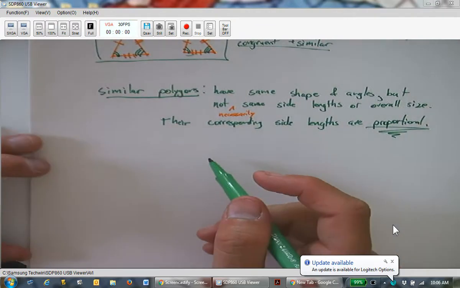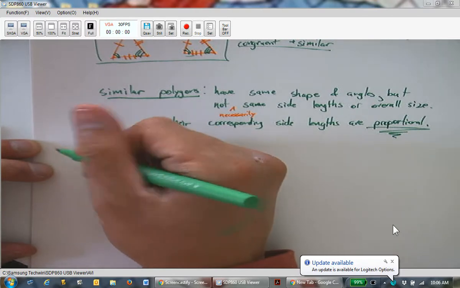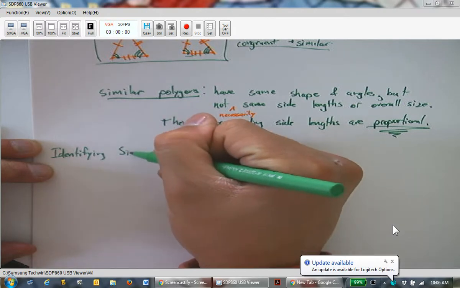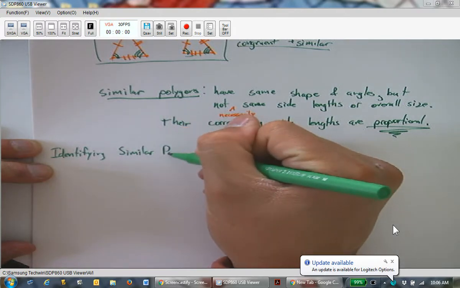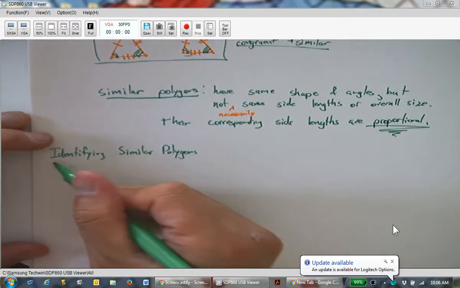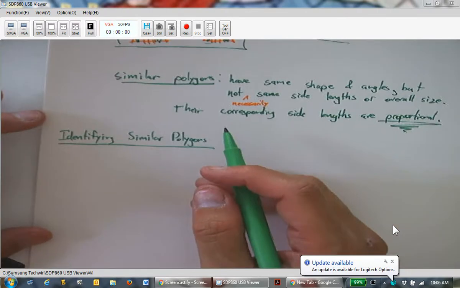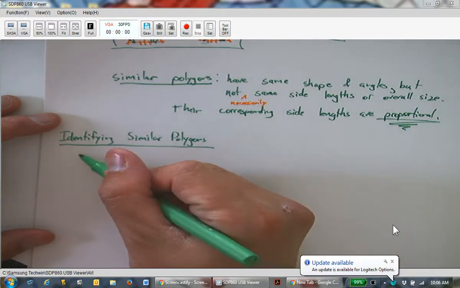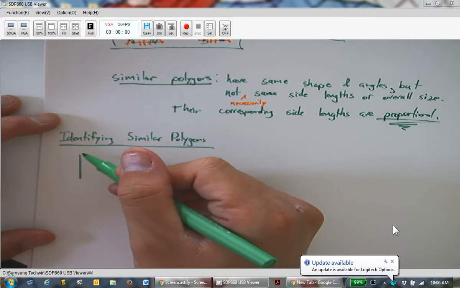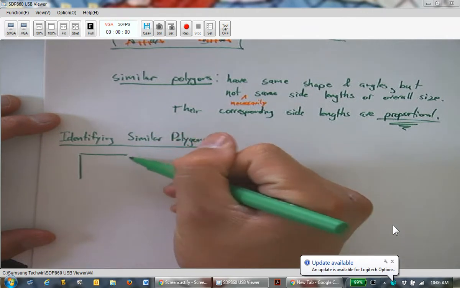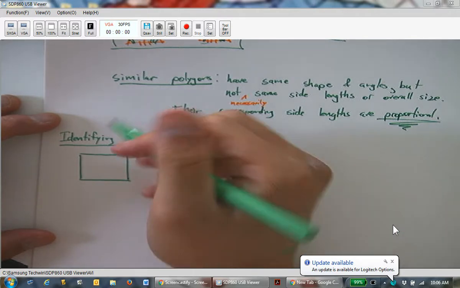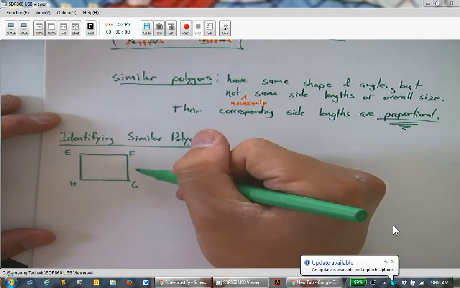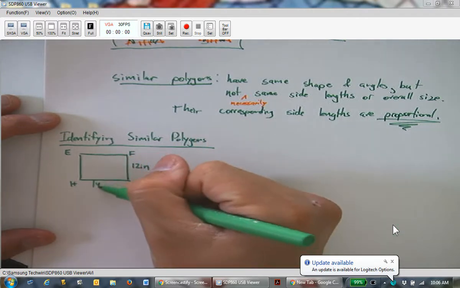So here is an example of identifying similar polygons. Let's say that we have 3 different picture frames. We have a picture frame that goes from E to F to H to G. That is 12 inches, and this is 14 inches down here.